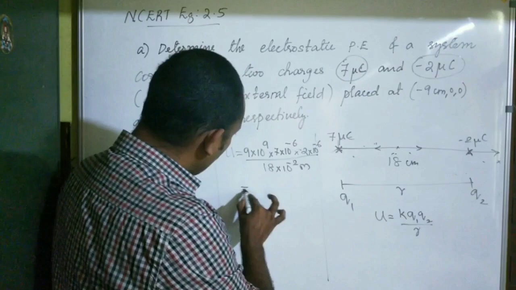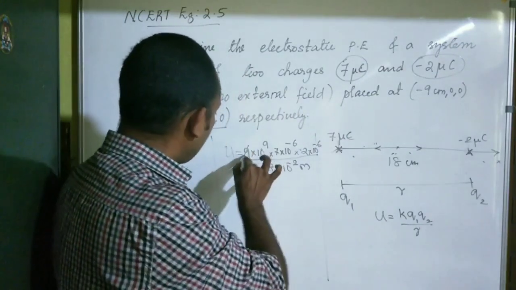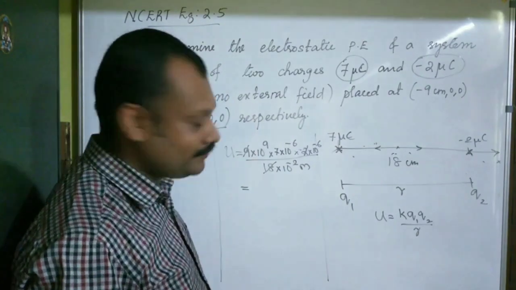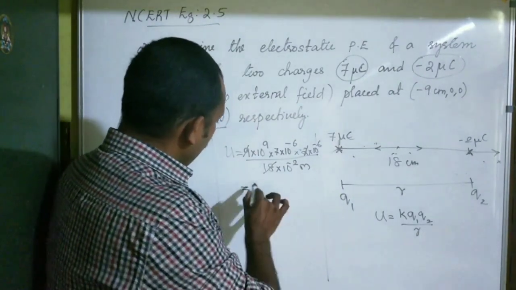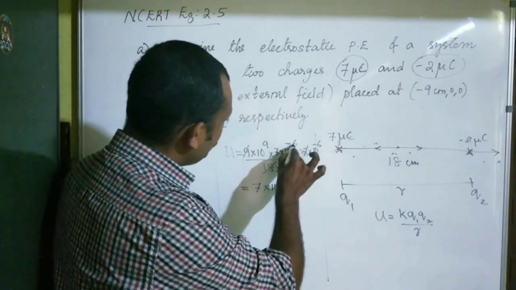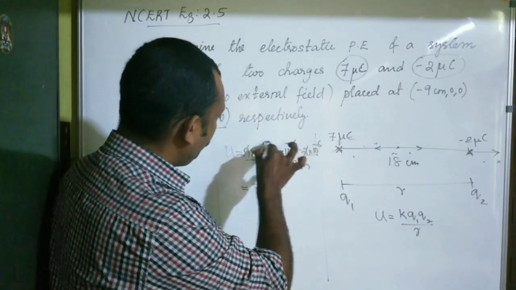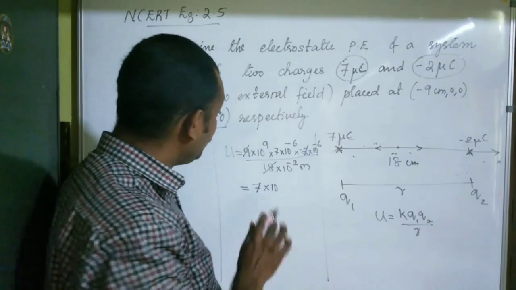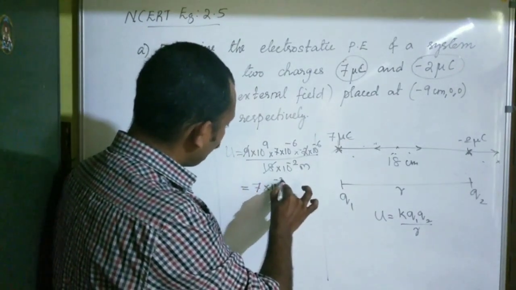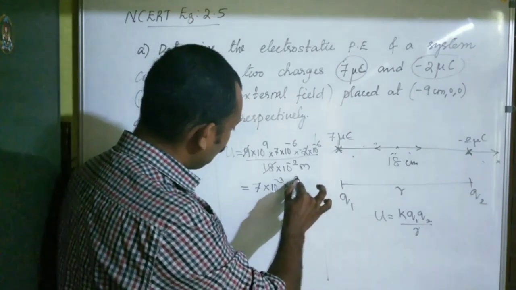The problem is now over. I got 9 here, I got 2 here, I got 18 here, that is cancelled. So 7 into 10 raised to minus 6 minus 6 minus 12 plus 9 minus 3, into 10 raised to 2.